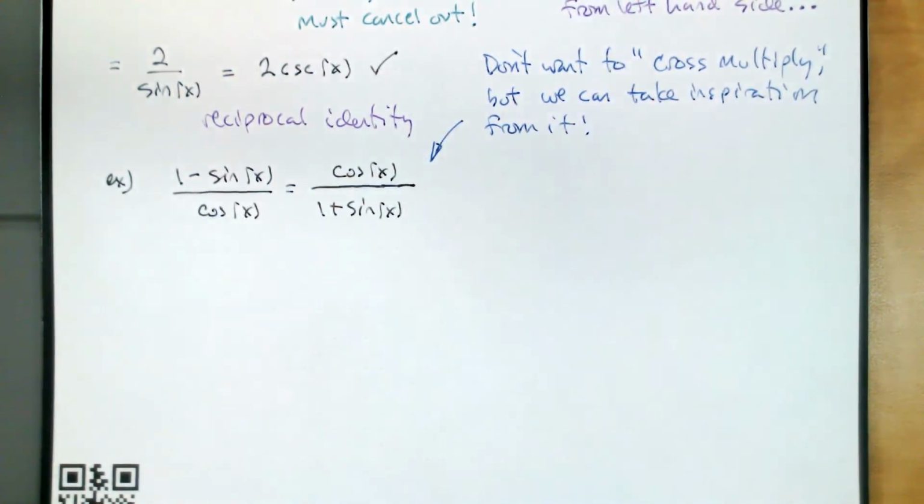Don't want to cross multiply because that's assuming that this is true already, and that's what we're trying to show. If I hand you a trig identity that's in doubt and you start doing cross multiplication, you're assuming what you're given is true, and your job is to prove what you're given is true. So we don't want to do that. But we can take inspiration from it.